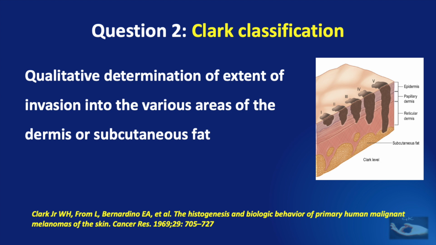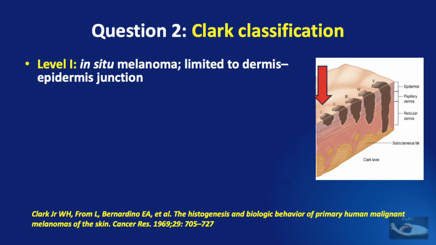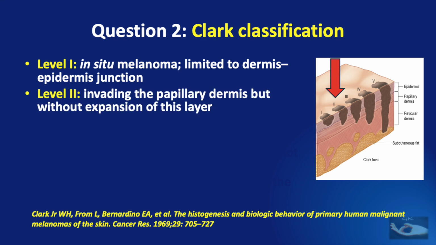Clark staging is a qualitative determination of the extent of invasion into the various areas of the dermis or subcutaneous fat. This was given in 1969. According to this classification, Level 1 is in situ melanoma, where the tumor is limited to the dermis-epidermis junction. Level 2, where it is invaded into the papillary dermis but without expansion of the layer.